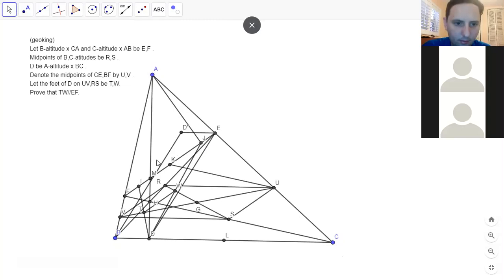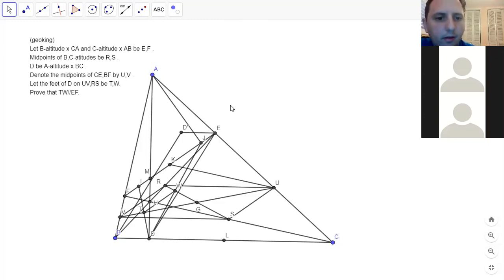So we can see that angle JED prime is 90 degrees minus angle AME, and it is equal to angle DAJ.